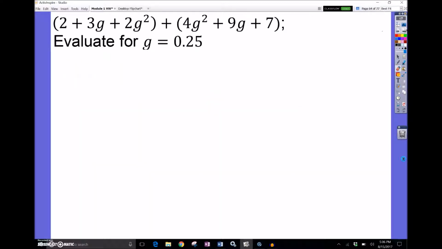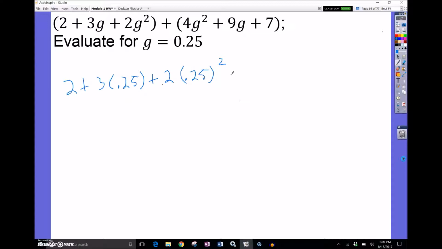So looking at the next one now, it says evaluate 2 plus 3g plus 2g squared plus 4g squared plus 9g plus 7 when g is 0.25. So let's go ahead and plug this in. I'm going to have 2 plus 3 times 0.25 plus 2 times 0.25 parentheses to the second power.